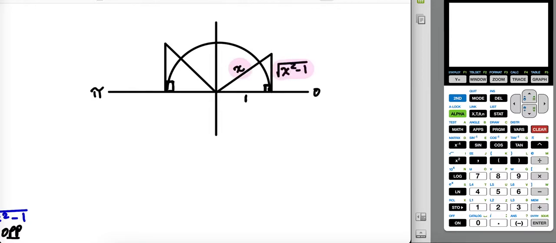This vertical side here, just based on the geometry of it, is always going to remain positive because it's above the x-axis. The only thing that would change in sign would be the adjacent side, so this would become a negative 1. I apologize, the arc secant wouldn't necessarily become negative. It's the other ratios.